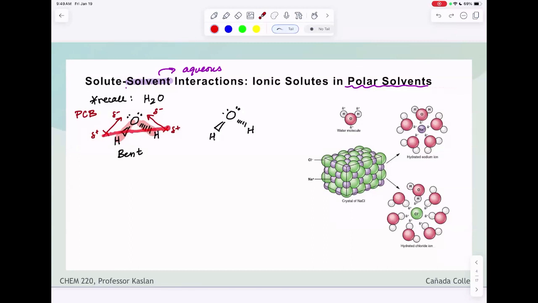So these aspects of that vector would cancel one another out. However, the upness quality of these vectors would not cancel one another out. So overall, we have a net molecular dipole that points straight up through the water molecule toward the oxygen.